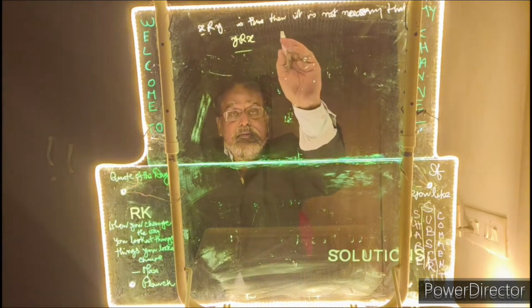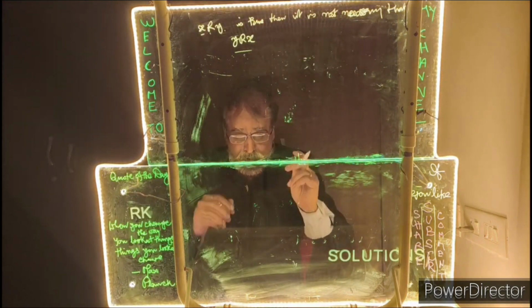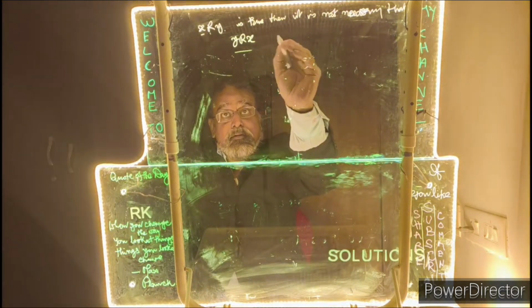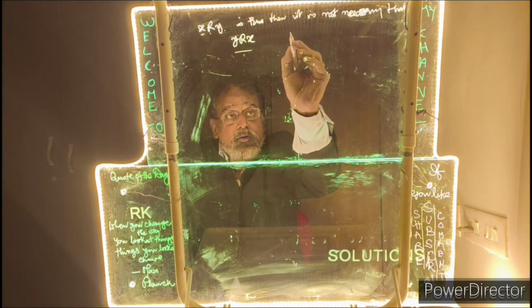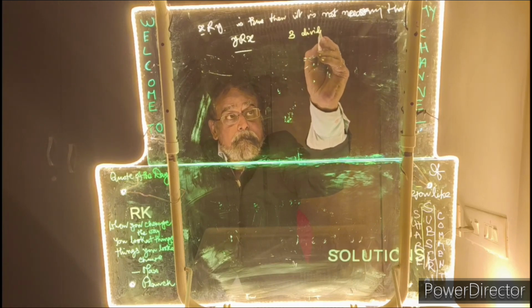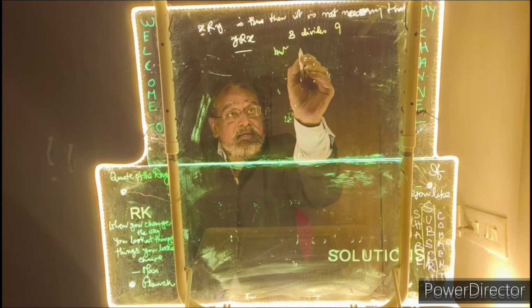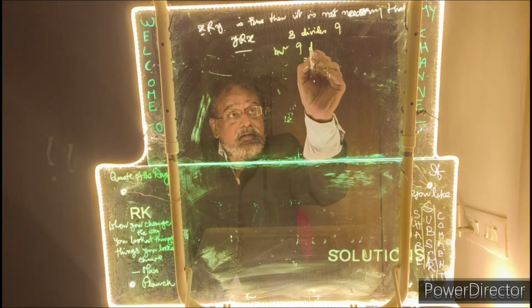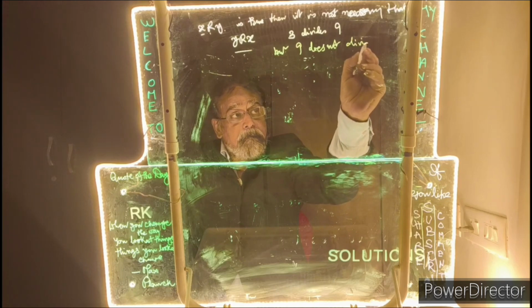This may not hold. Let's say there is one division relation. Let's say 3 divides 9, but the reverse is not true, 9 does not divide 3.